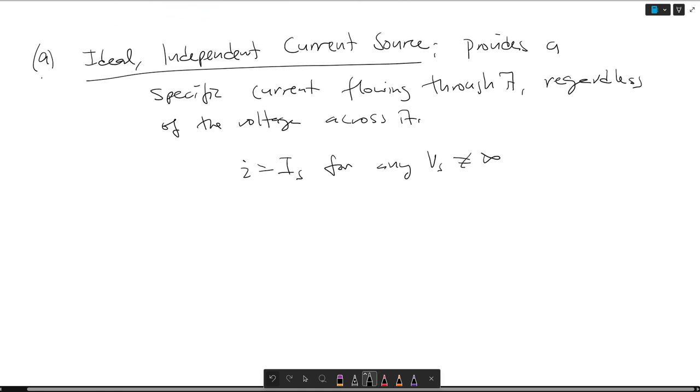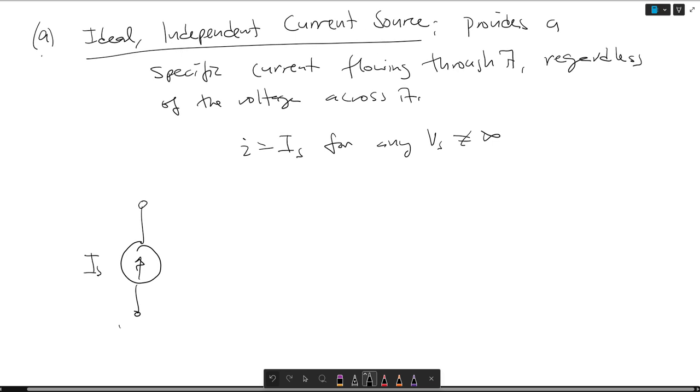And an example of this is something that looks like this, IS. So this is a DC source, and we can also represent it with little is, and this is any other source, any source.